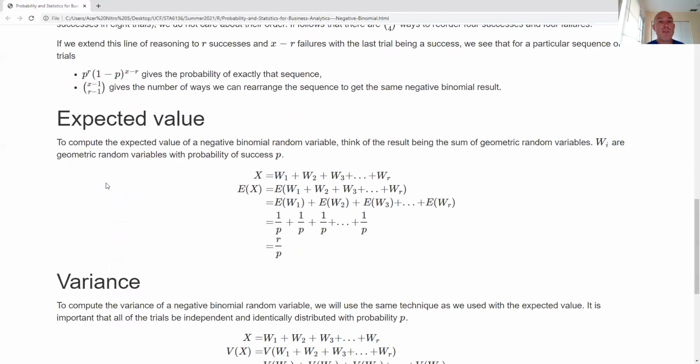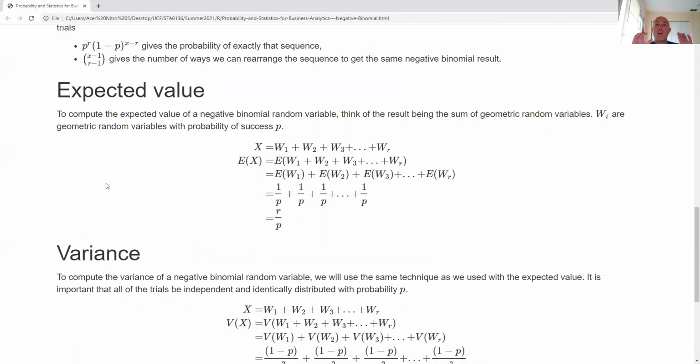Now let's think about the expected value. For the expected value, I'm not going to go at it directly. I'm going to think about the negative binomial as the sum of geometric random variables. If I have r successes for my negative binomial random variable, then it has to be the sum of r different geometric random variables.